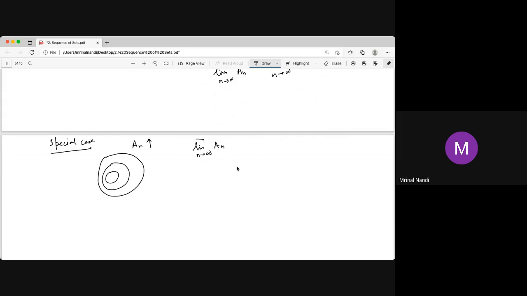What is this, by definition? Taking first the union k equal to n to infinity, and then intersection.